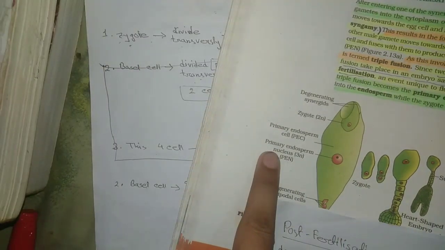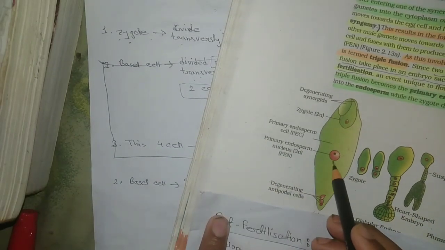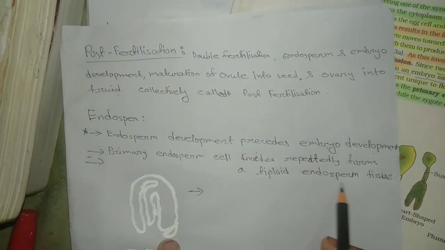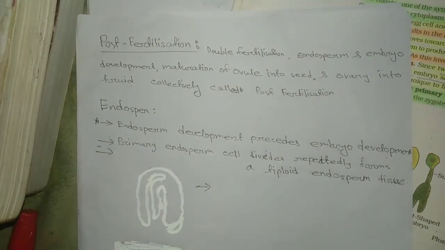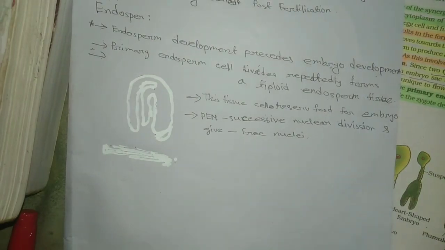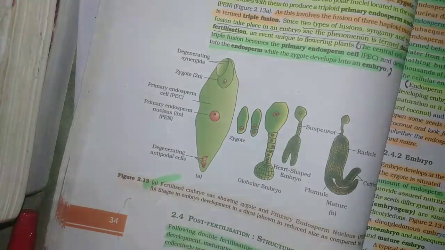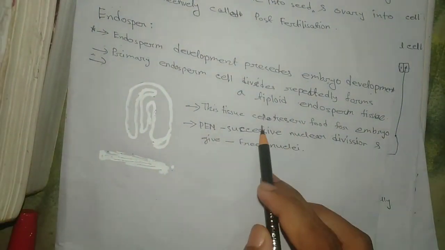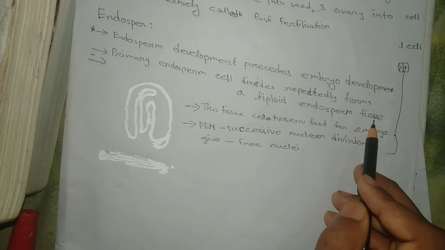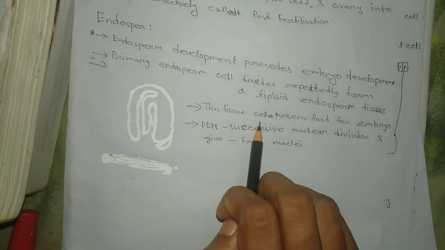Okay, primary endosperm nucleus, so from here, for this 3N, triploid endosperm tissue is formed.